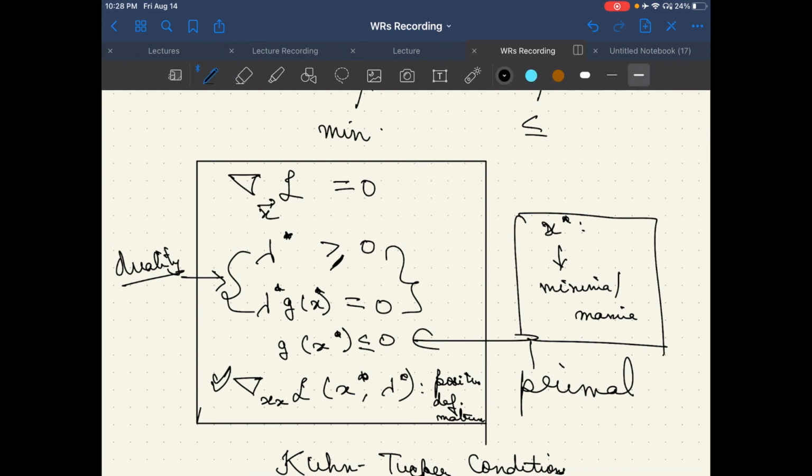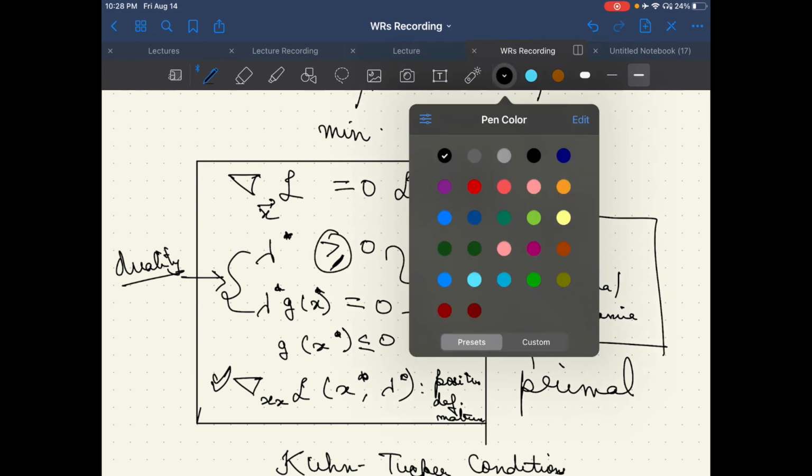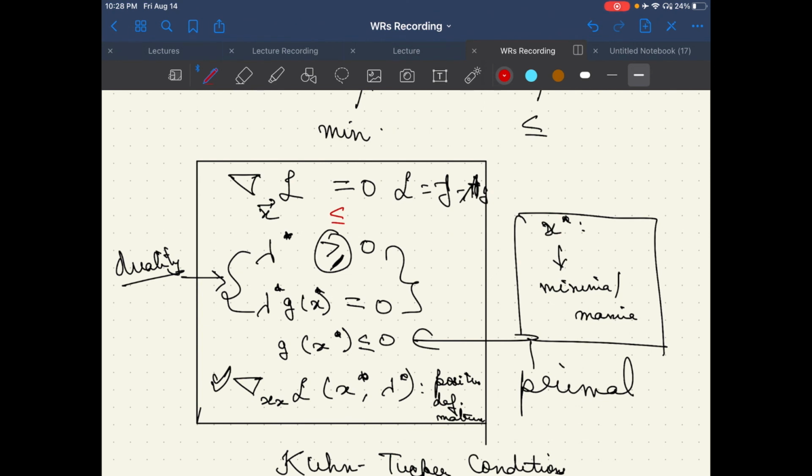If you specify your Lagrangian in the form f minus lambda g, then your lambda has to change sign and it should become less than or equal to 0. But most of the time we will try to stick to one standard form, which is a minimization problem subjected to a less than or equal to constraint, and the Lagrange function is stated as f(x) plus lambda g, and these conditions would be easy to recall whenever we have to check a particular situation.